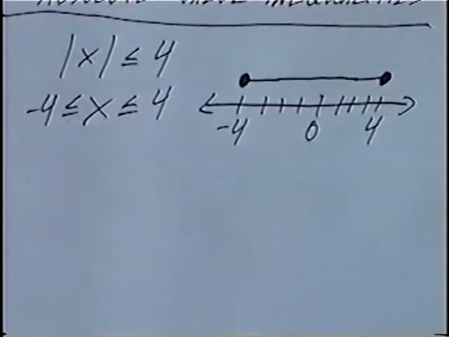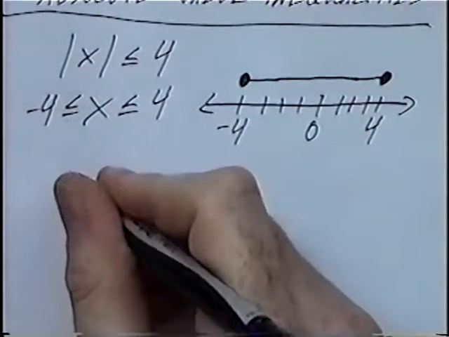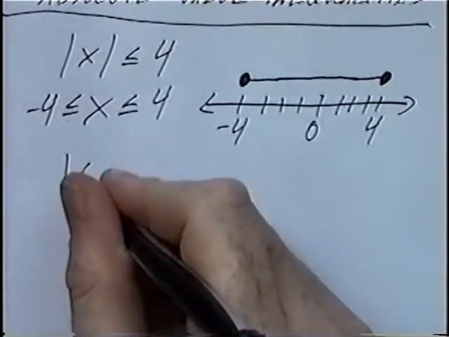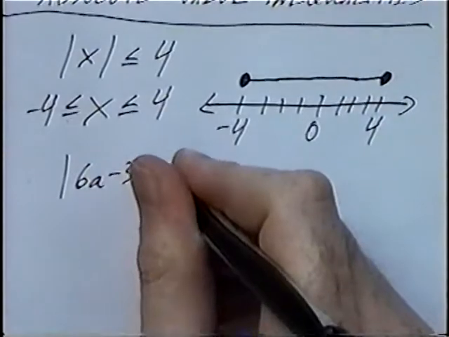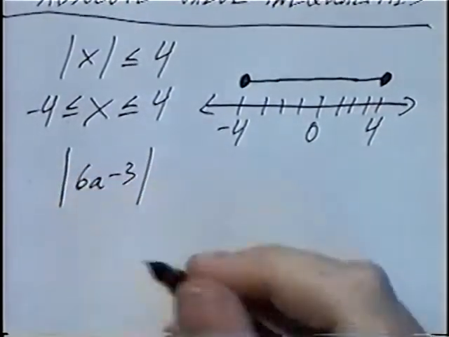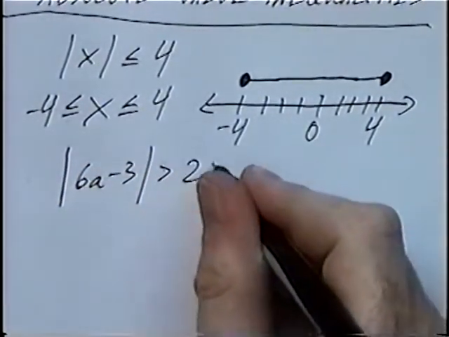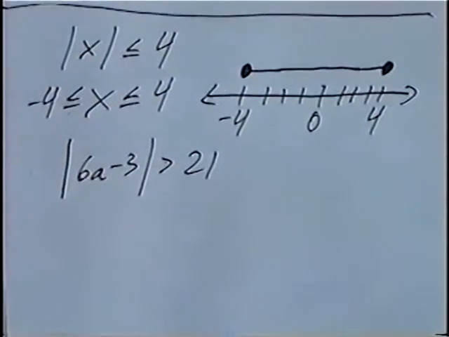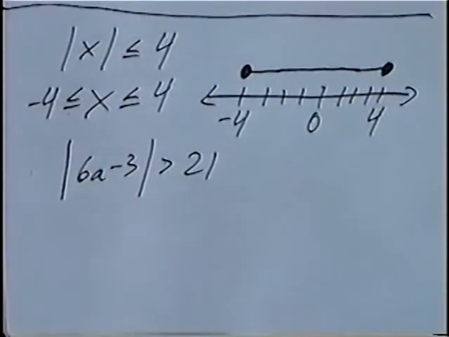Second question and last question for the section. Absolute value of 6a minus 3 is greater than 21. And again, solving absolute value inequalities, the absolute value must be by itself.